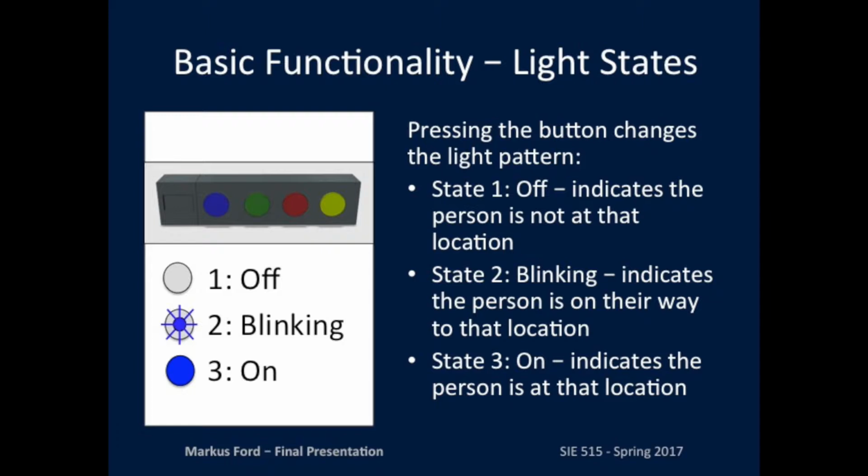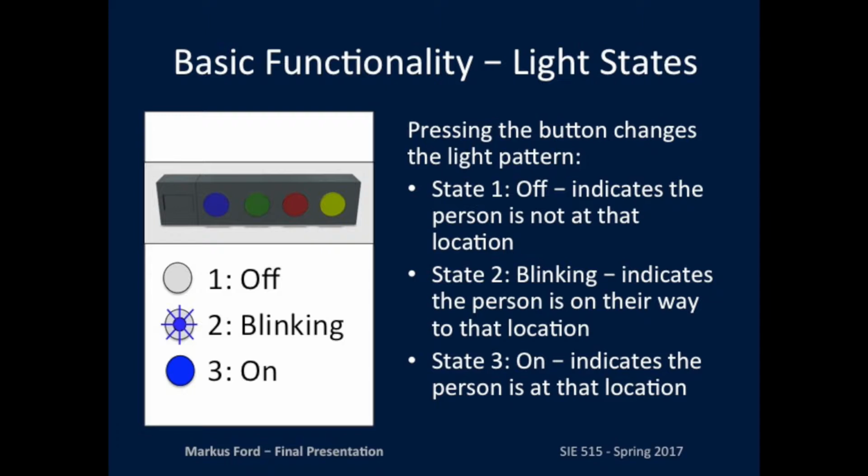In this example that I'm showing here, I'm looking at the blue button, and it's starting from the off position, which would indicate that the person is not in the blue location, whichever location we decide is going to be represented by that blue light.